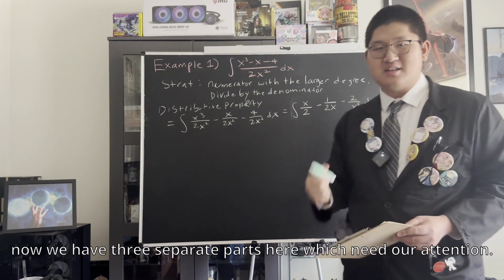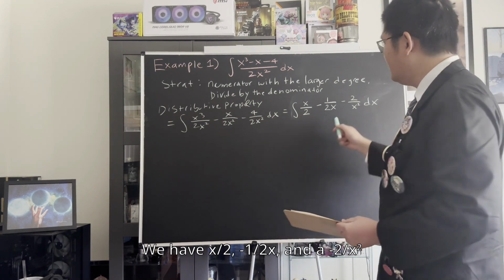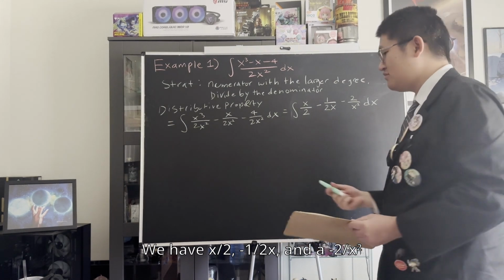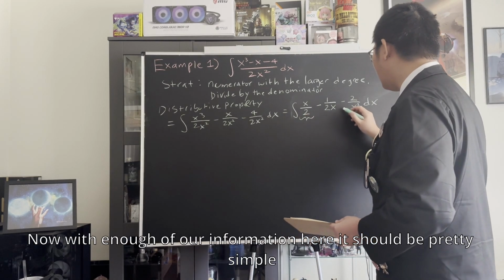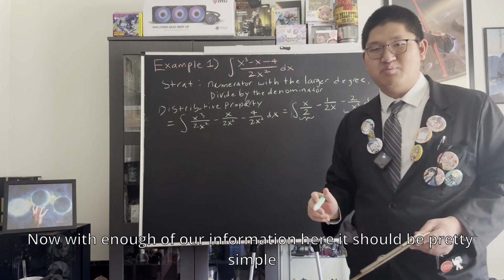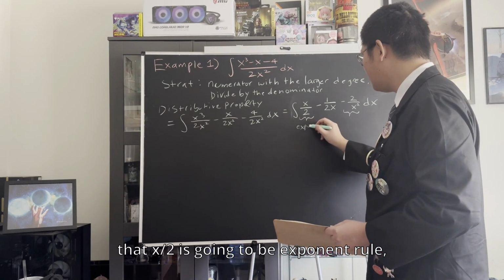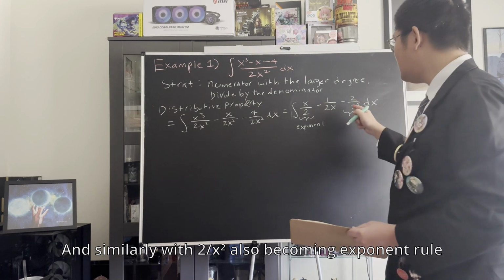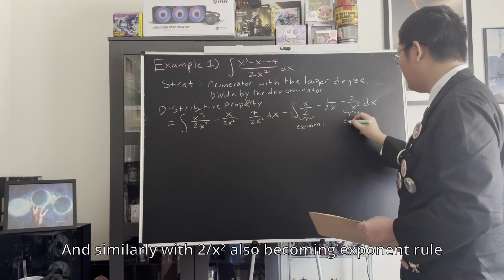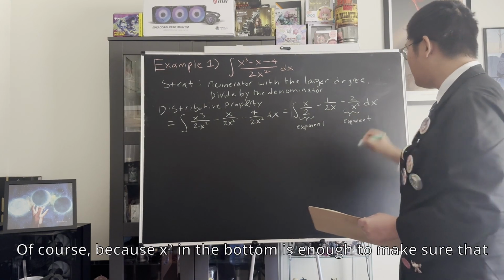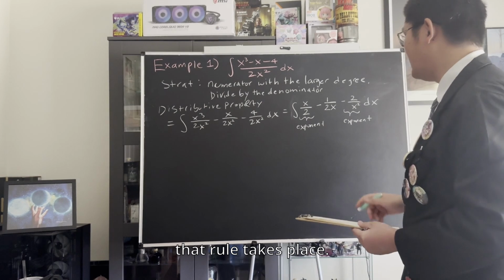Now we have three separate parts here which need our attention. We have x over 2, negative 1 over 2x, and a negative 2 over x squared. With enough of our information here, it should be pretty simple that x over 2 is going to be power rule, and similarly 2 over x squared also becomes power rule, of course, because the x squared in the bottom is enough to make sure that rule takes place.